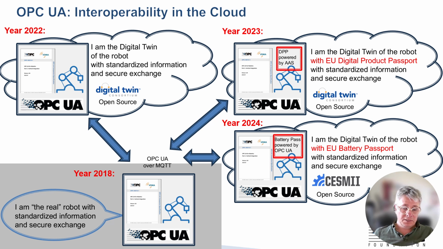A little bit more on that in a minute, but as you can see, we really made a lot of progress in a short amount of time. Really, we started 2 or 3 years ago, and we are at a very good place now with an end-to-end solution for the digital product passport using OPC UA technology.